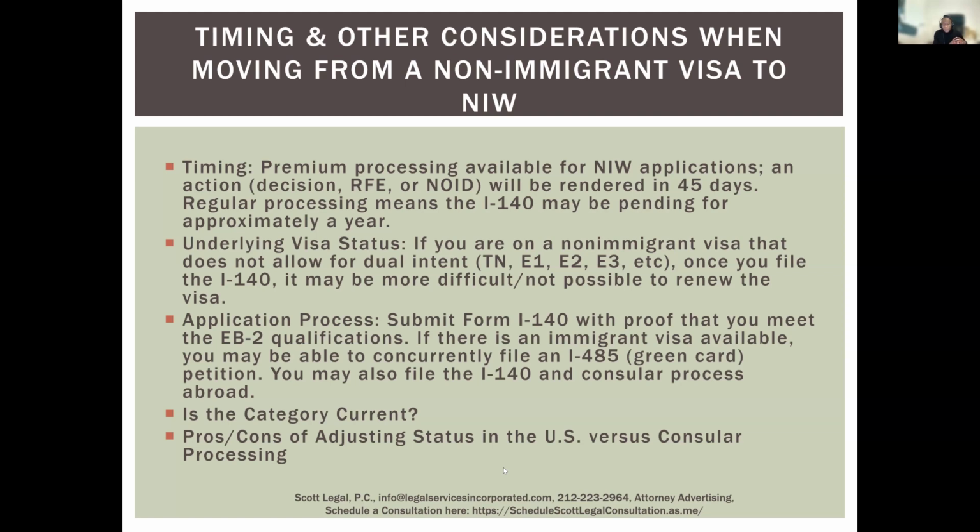And substantial merit, that particular piece in the standard, is pretty easy. When there were cases that came to the government for teachers, for example, the government said, yes, the role that the teacher is performing does have substantial merit, but where it fell down, unfortunately, was that the government says the national importance wasn't there. National importance is getting at whether it's beneficial to the nation as a whole.